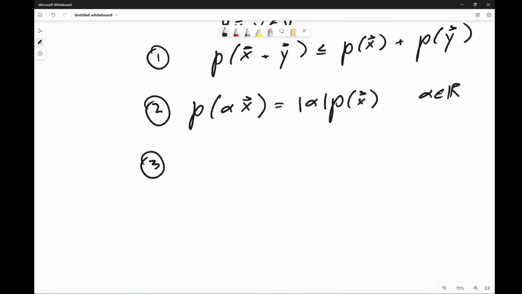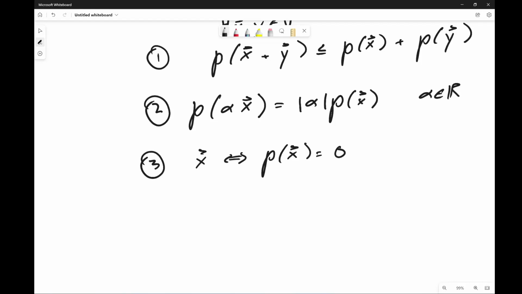And our third property is, if x equals 0, then P of x equals 0. And this actually goes both ways.